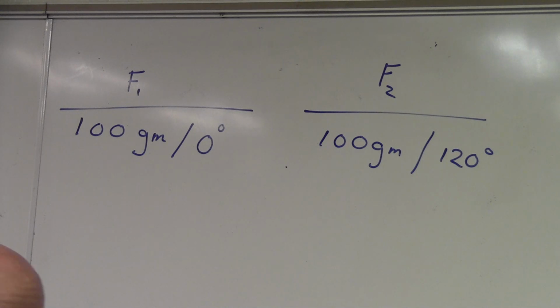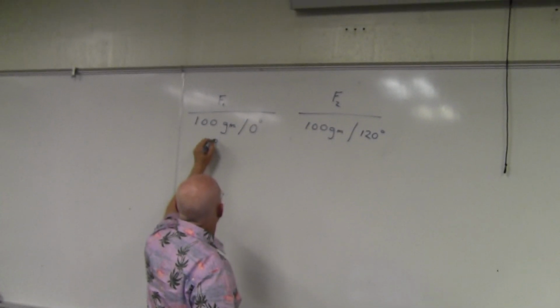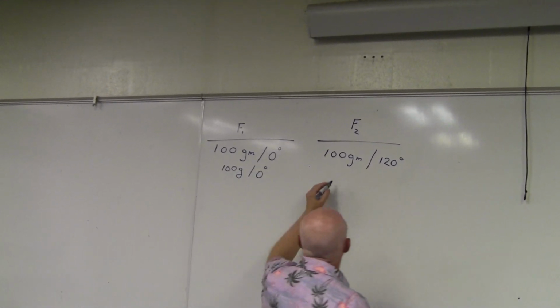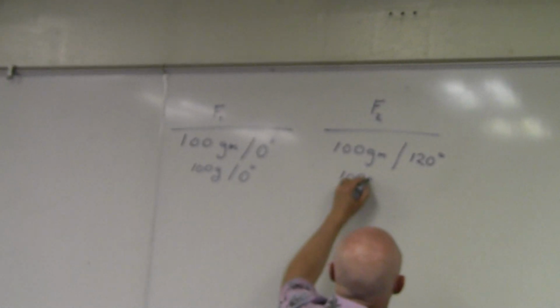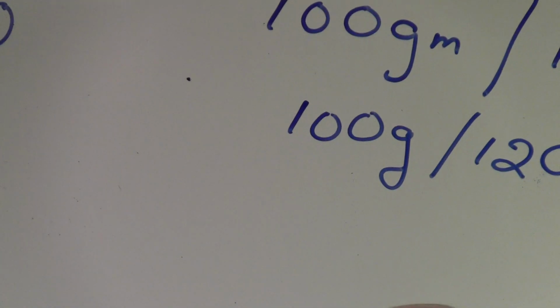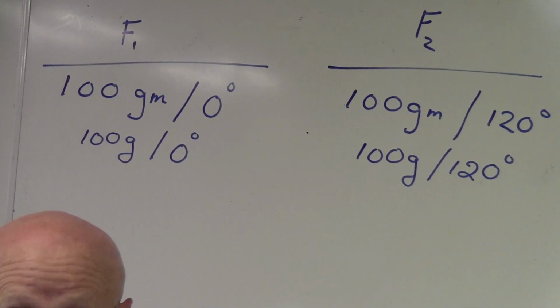Now let me pause right here, because for better or worse, the author of the lab manual has used some older notation for grams, and I just want to address that. The G and the M together is an old notation for grams.